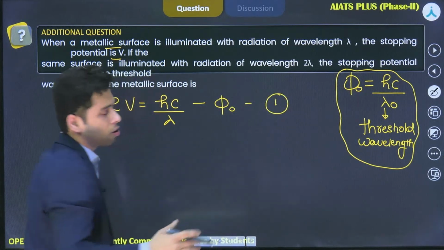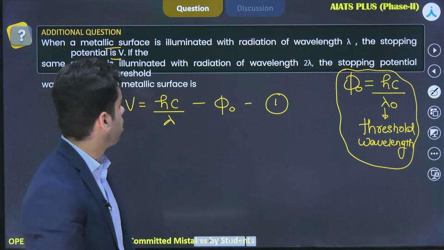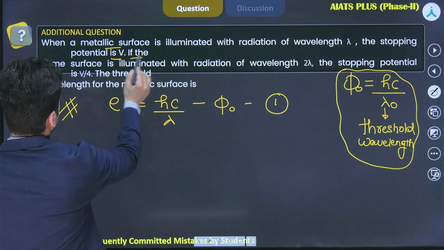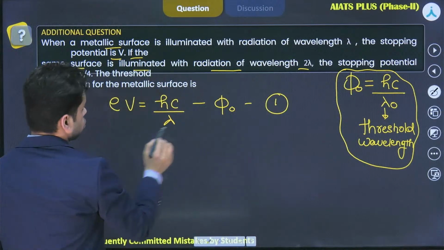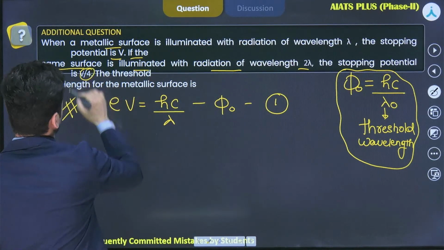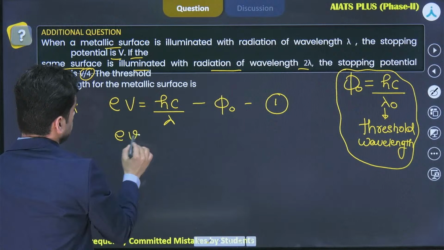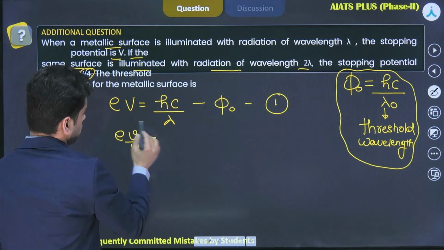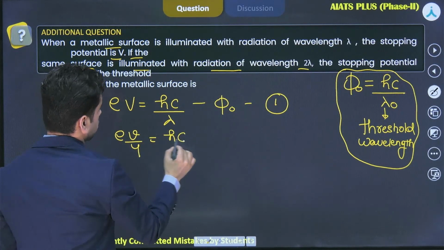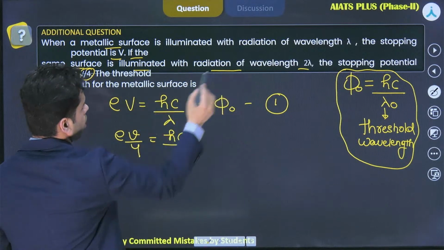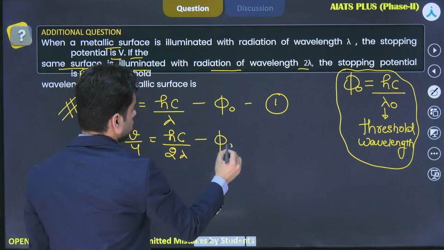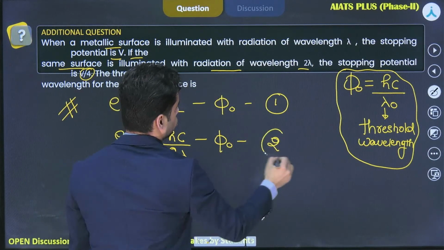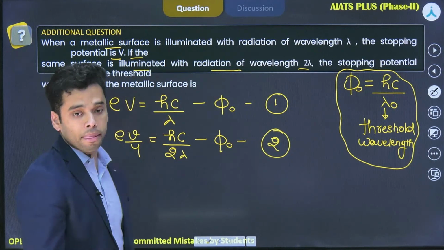Now for the second part, if the same surface is illuminated with radiation of wavelength 2 lambda, the stopping potential is V by 4. So I can write e times V by 4 equal to hc by 2 lambda minus phi naught. This is my equation 2.